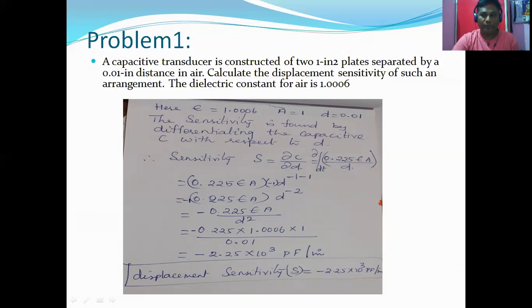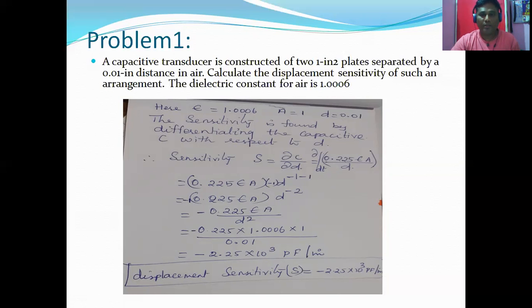C is equal to epsilon A divided by d. What is the epsilon value here? 1.0006.